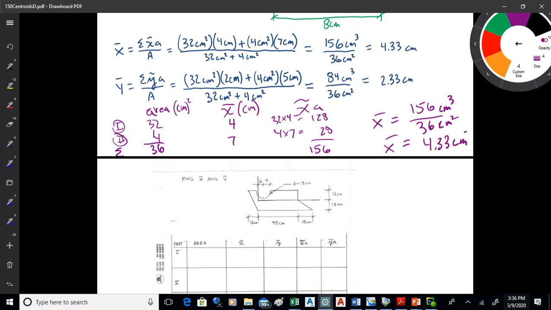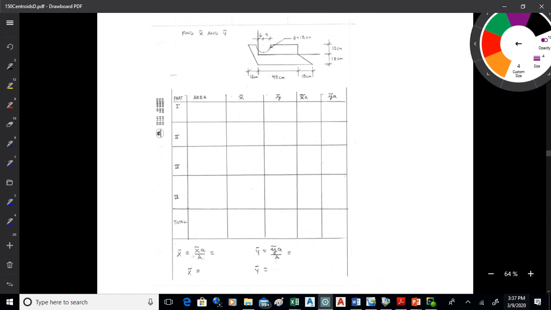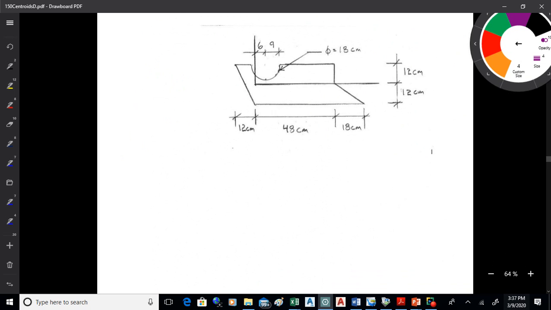I'm on page 630. So here we go. I've got a table set up for this, and this is a fairly complex shape, so we're going to have to break it up into pieces.